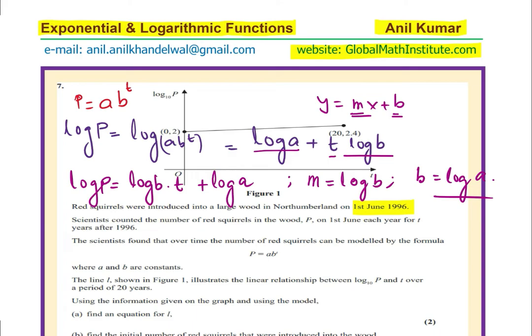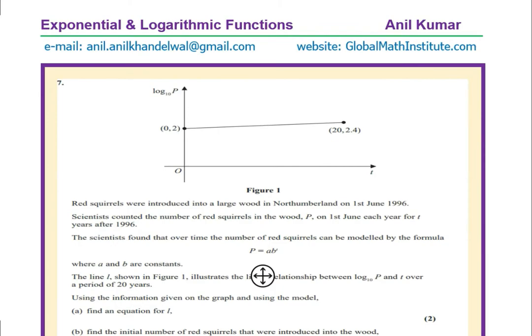Now that helps us to find the value of a and b from the given graph, correct? Let's look into this graph once again. As you can see here, the y-intercept is 2, right? So what was the y-intercept?